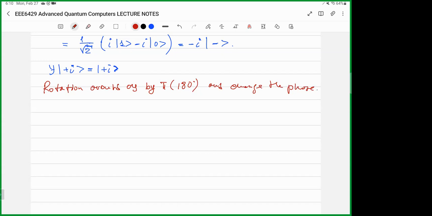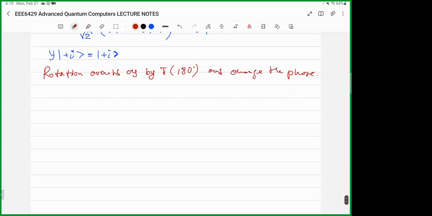Changing the phase is not that important for single qubit systems.